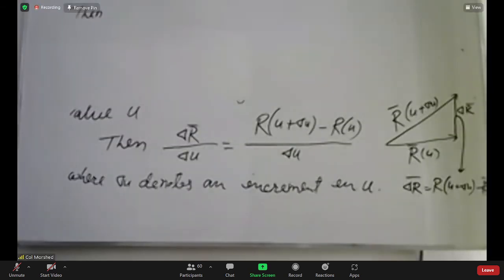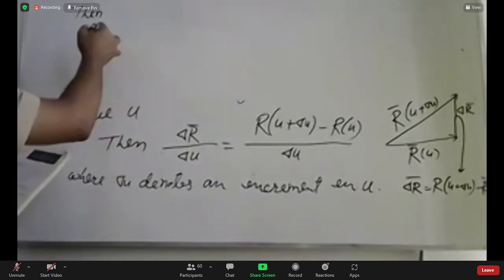We know there are two types of derivative. One is ordinary, which has a single variable. The derivative which depends on a single variable is the ordinary derivative, and the derivative which depends on more than one variable is the partial derivative. Okay, clear?